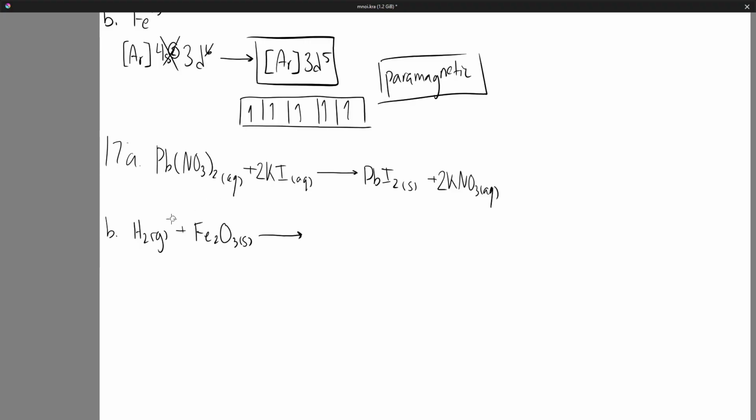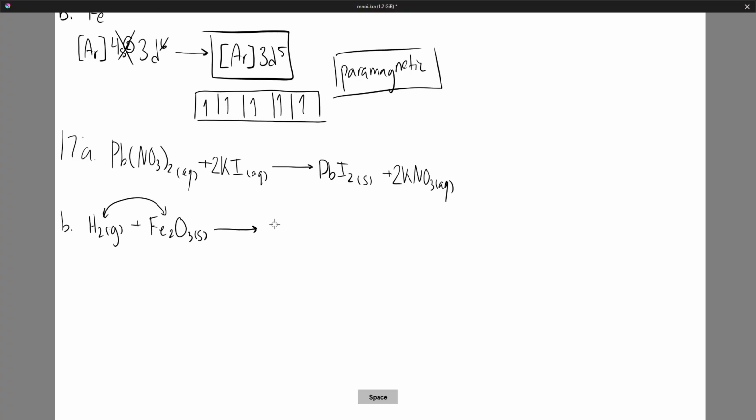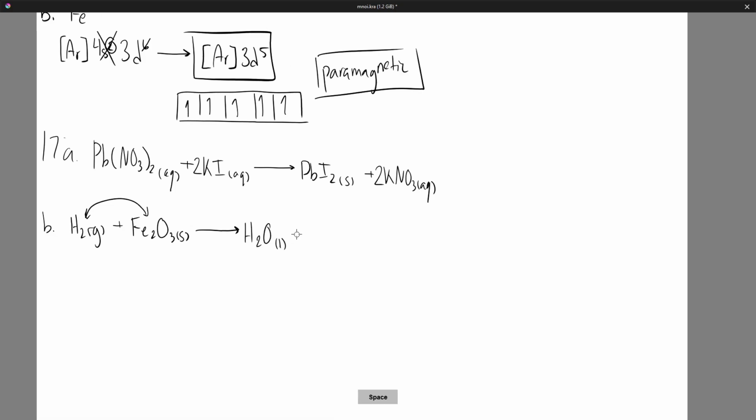Okay, so same with this. Hydrogen normally has a plus charge when it's in a compound, so we think of that as a cation. And iron has a +3 charge, which means that's a cation. So we just switch places with these two. So H and O obviously makes H2O. And that's liquid. And the only thing left is just iron. Solid iron.